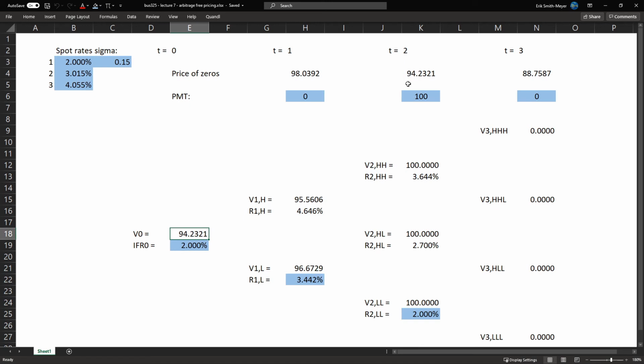Okay, so now we have calibrated the first step in our interest rate tree.